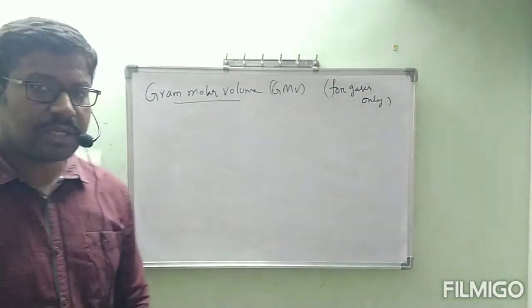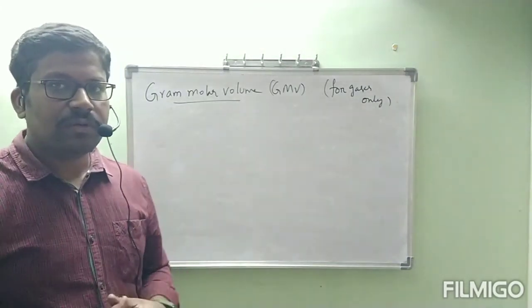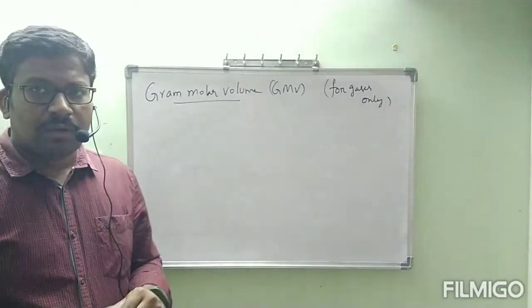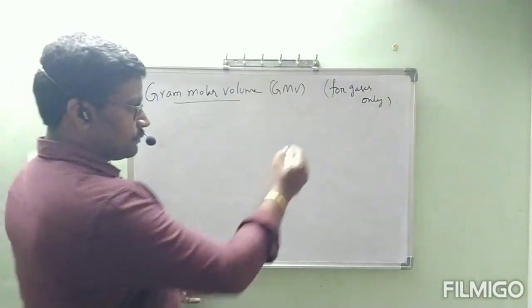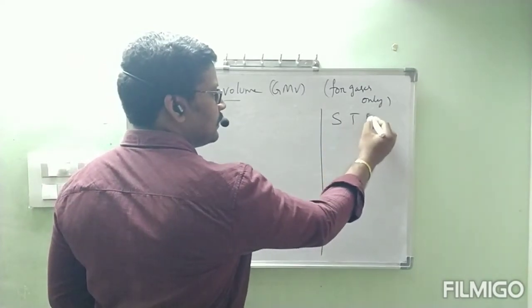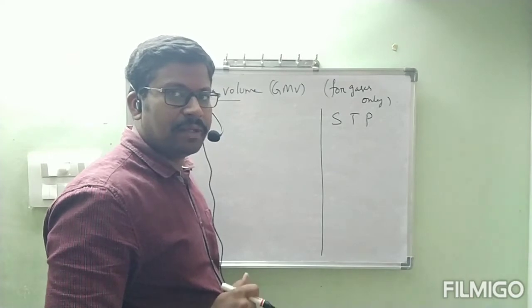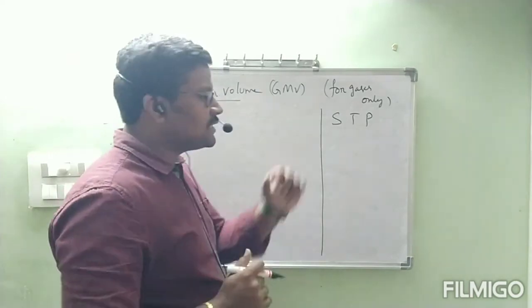Gram molar volume is the term used for gases only. But before going to this gram molar volume, we have to know one condition. That is called STP. STP is also called NTP. Okay, before that, what is this abbreviation?